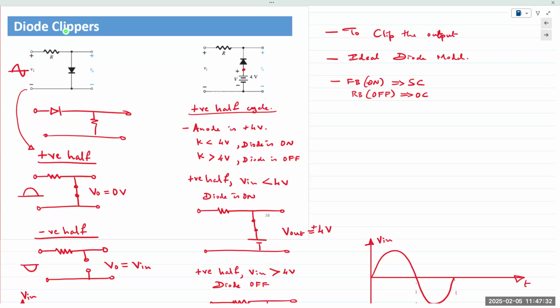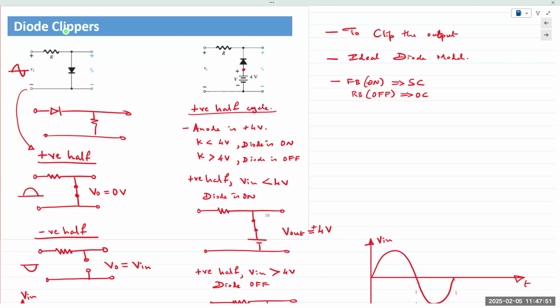In the positive half cycle, the diode is on because the anode is towards the positive end. If it's replaced with a short circuit, V out is equal to 0, since you're taking V out across a short circuit.